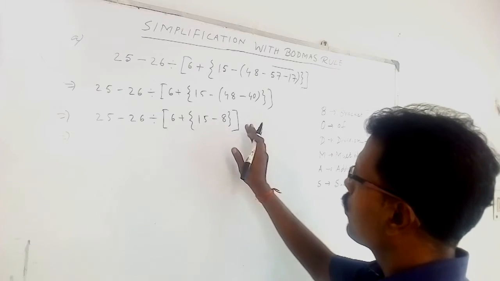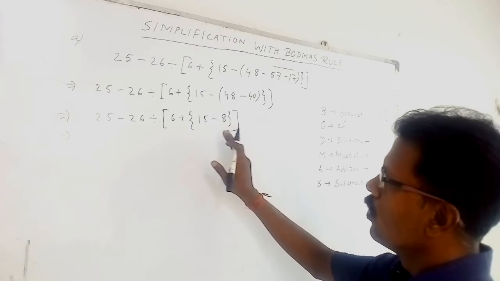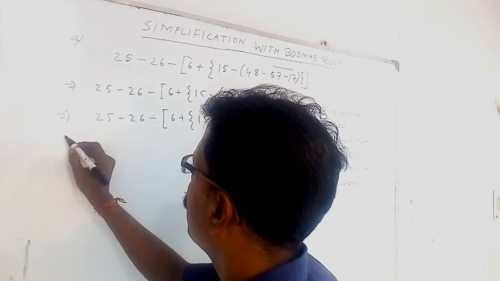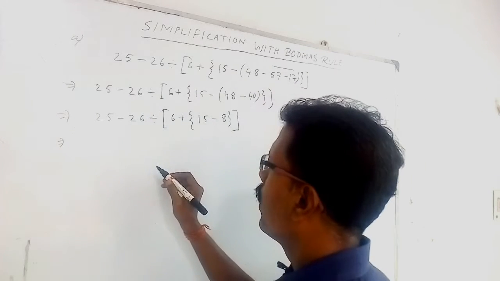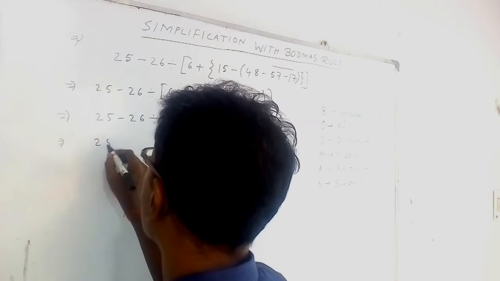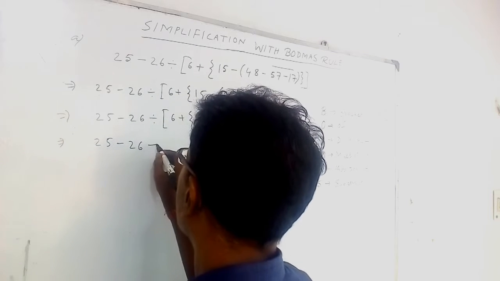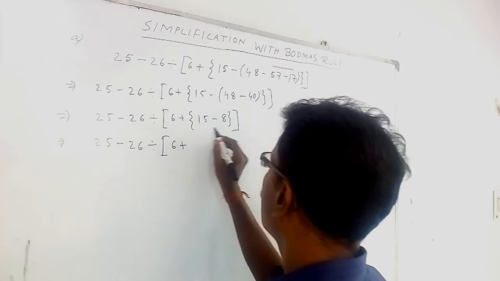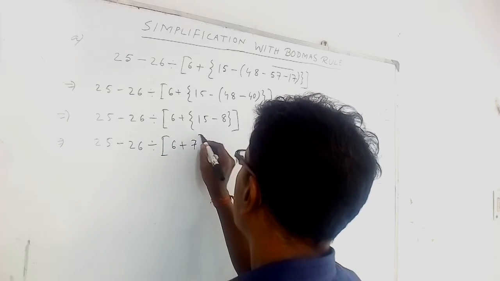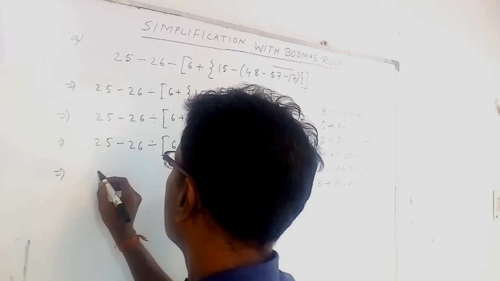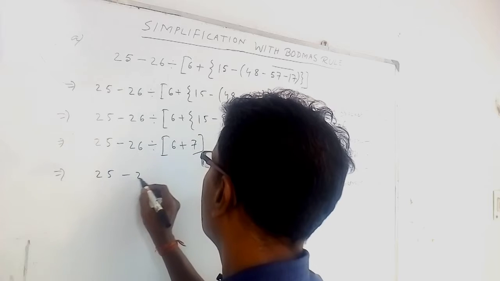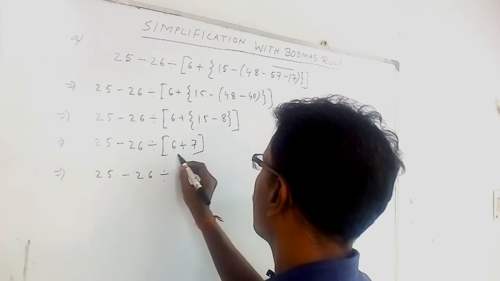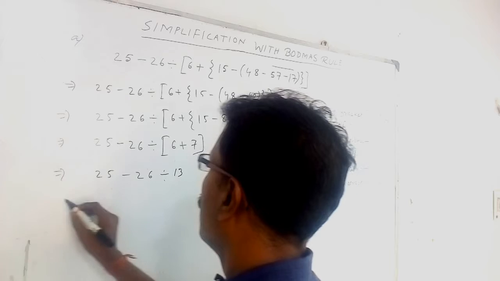Now the first bracket has vanished, so the second bracket is to be preferred: 15 minus 8, that is 7. Next, 25 minus 26 divided by third bracket 6 plus 7, that is 13.